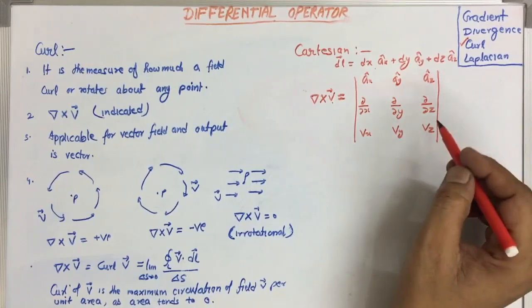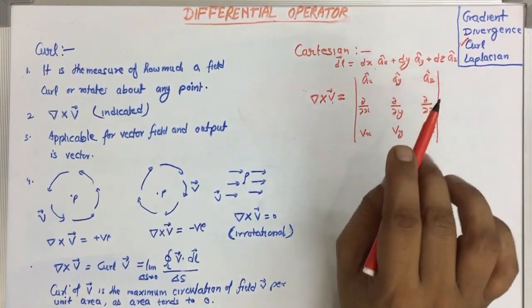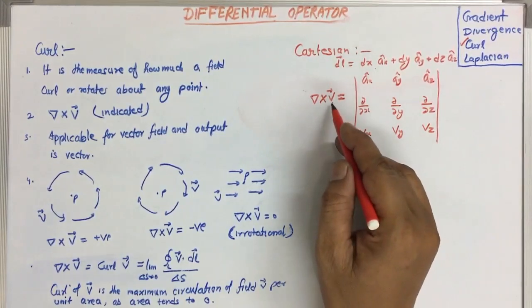The determinant of this will give us the curl of vector field V.